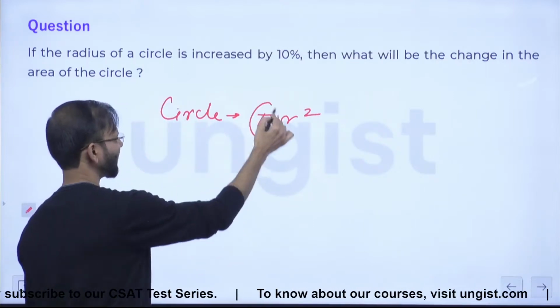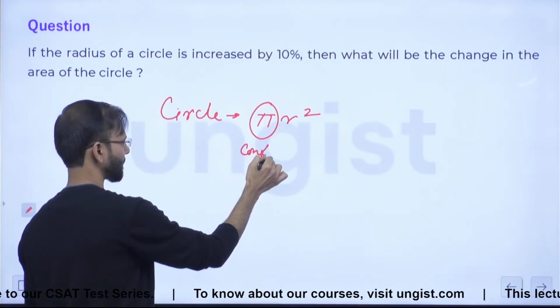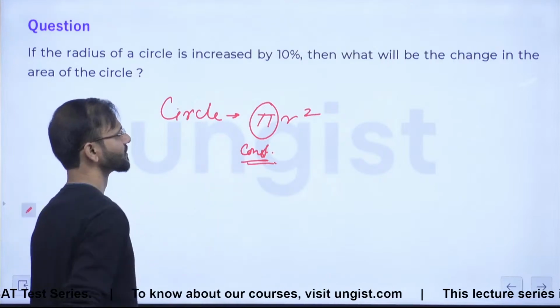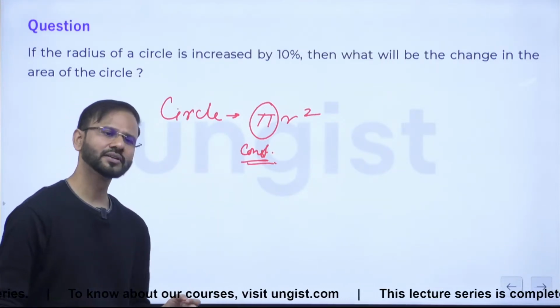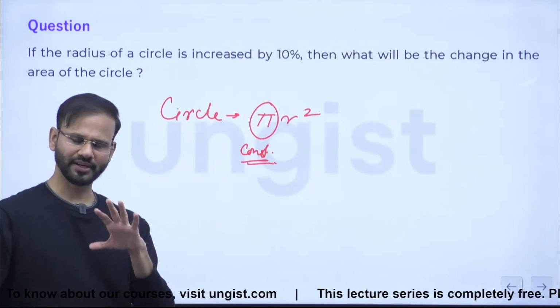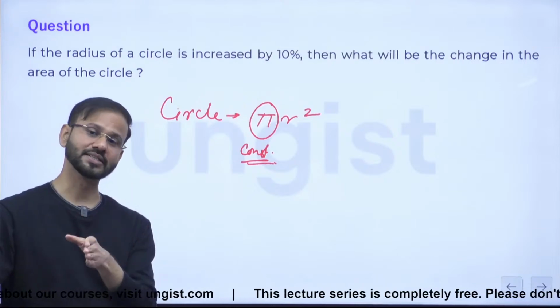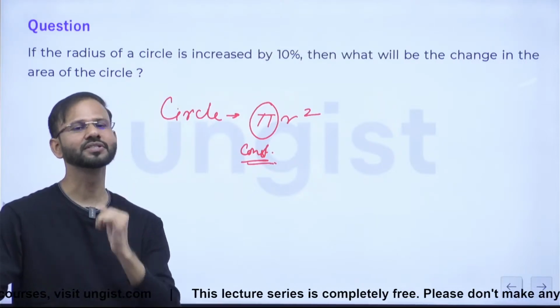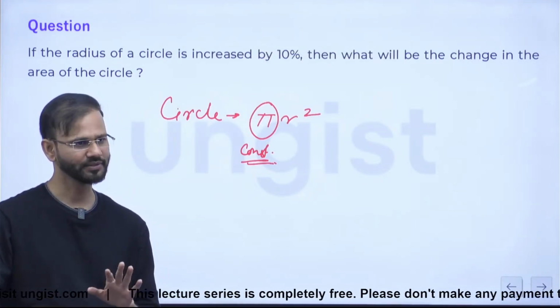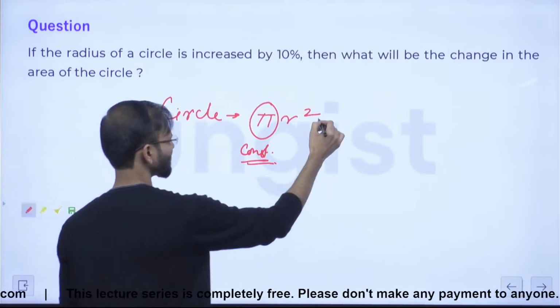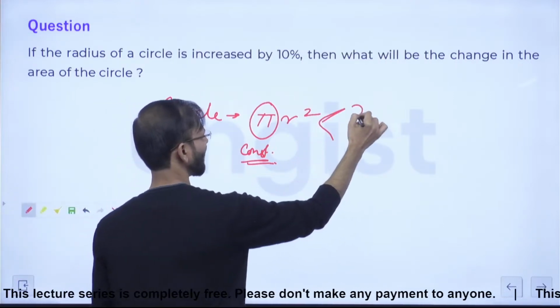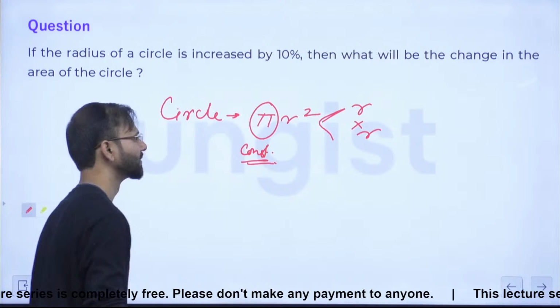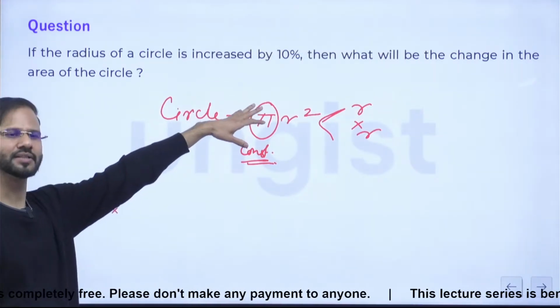So this is the constant value. So if the area of the circle is being changed, it is changed due to the radius of the circle. Correct? And this you just consider as r into r. Right? This is the product of r into r, guys.